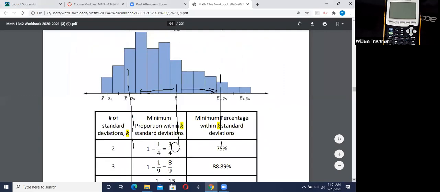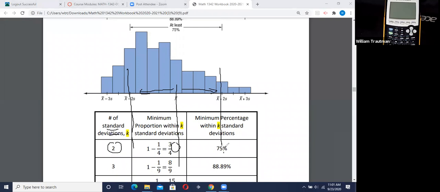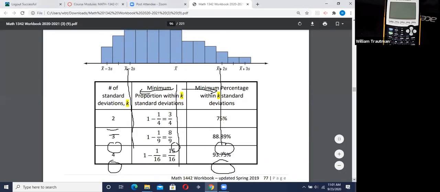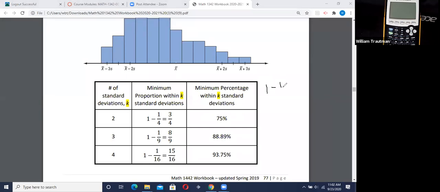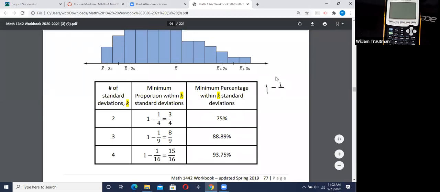This is kind of important. 2 standard deviations in Chebyshev's is 75% of our data. 3 standard deviations is 88.89% of our data. And a little further down, 4 standard deviations is 93% of our data. They get it from that formula: 1 minus 1 over k squared.